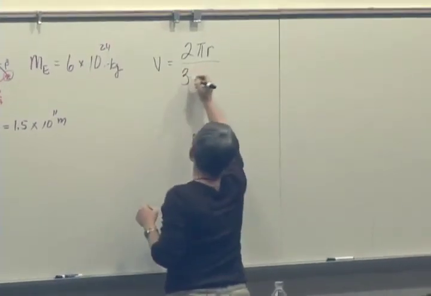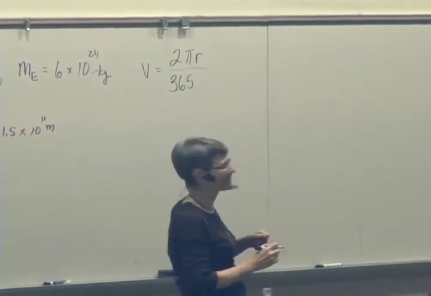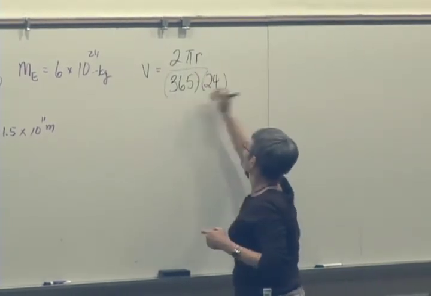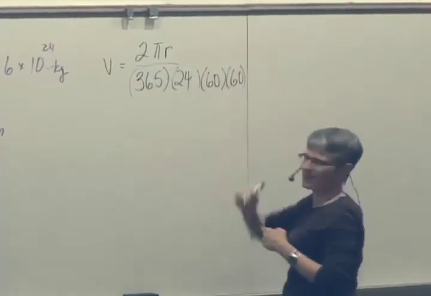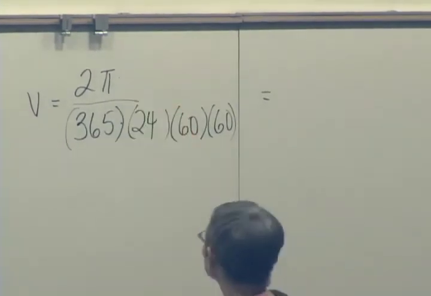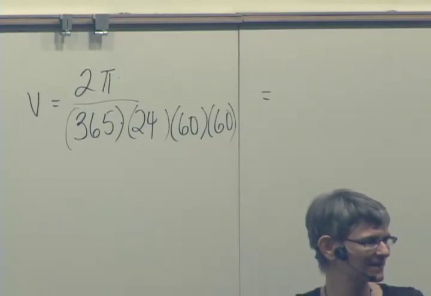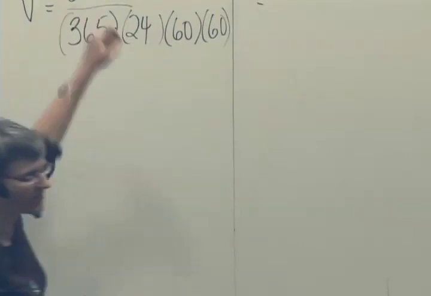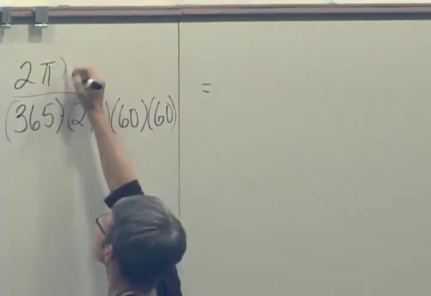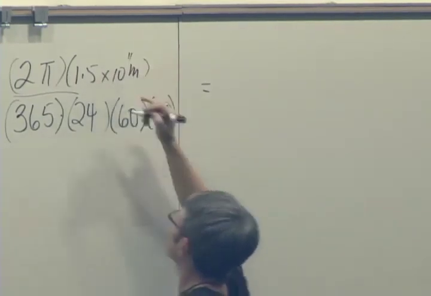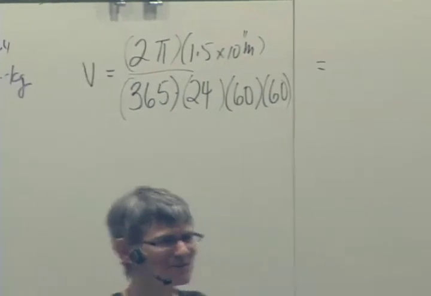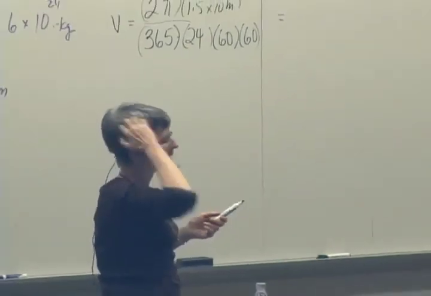Good, but that's not SI units, is it? 365 days times 24 hours in a day times 60 minutes in an hour times 60 seconds in a minute, which comes out to pi times 10 to the 7th pretty much, I think, doesn't it?